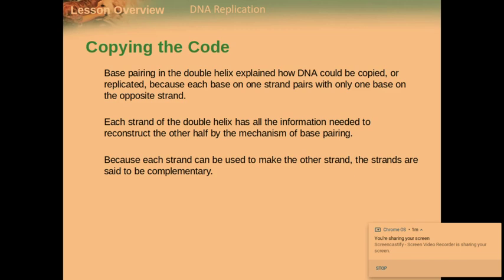Each strand of the double helix has all the information needed to reconstruct the other half by the mechanism of base pairing. So if you split that right down the middle, both halves can now make a full copy by attaching new particles to make the other half. Because each strand can be used to make the other strand, the strands are said to be complementary. And we'll show you what we mean by that.